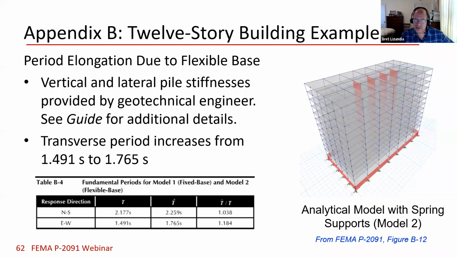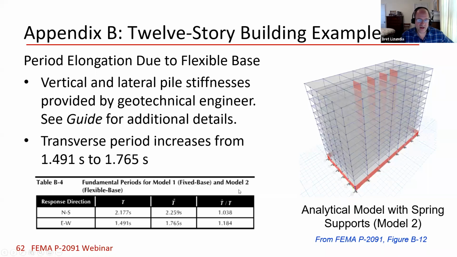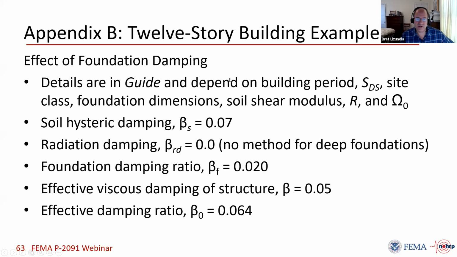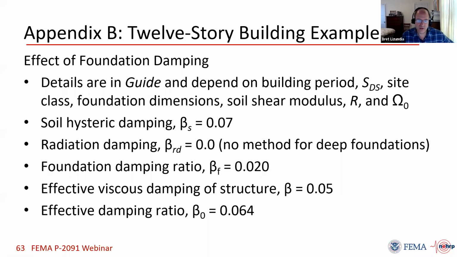He goes in detail and talks about period elongation and shows the results of that. That's important because that leads us to being able to account for foundation damping. You need to understand the difference between the fixed and flexible base periods to plug into these equations. You don't get to use radiation damping on deep foundations. So in this case, we had 5% for the building.